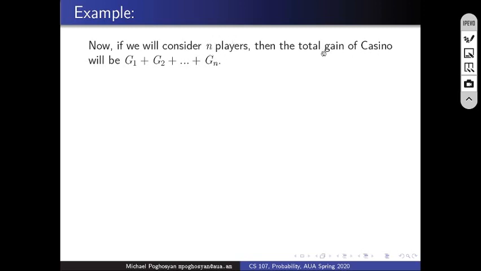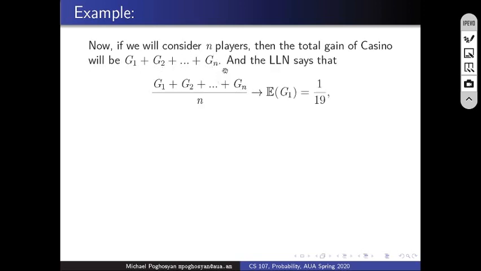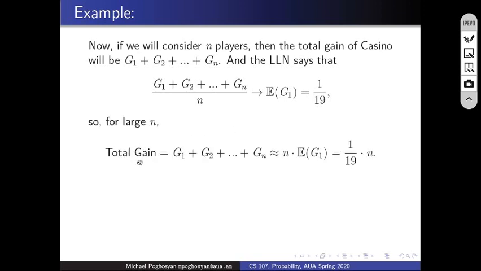Then the total gain of casino will be the sum of particular gains from the first person, second person, nth player. The law of large numbers says that this average will tend to the expected value of G1. So it will tend to 1/19. So for large n, this will be close to that. So for large n, the total gain, that is this sum, will be approximately n times this.